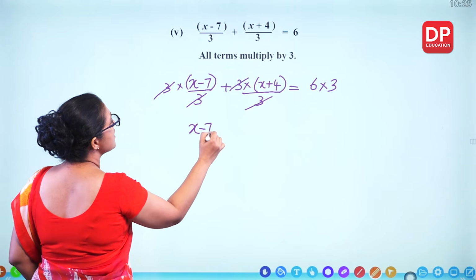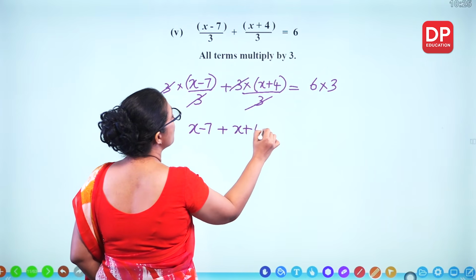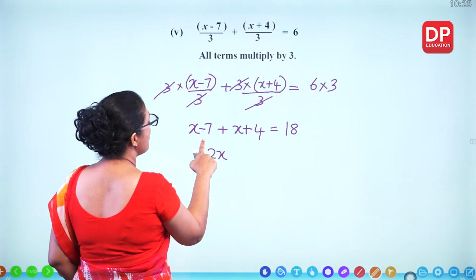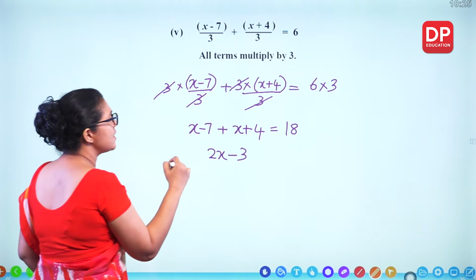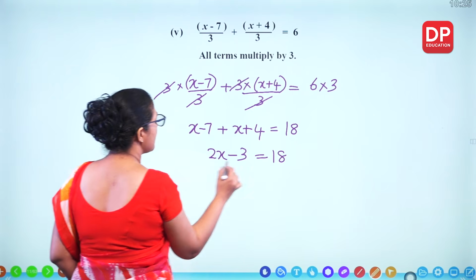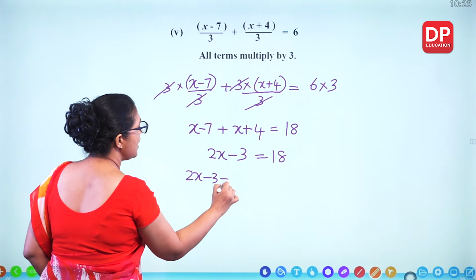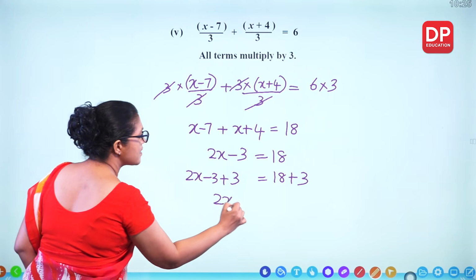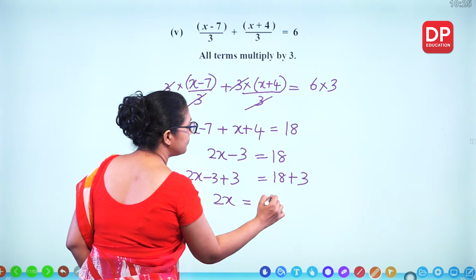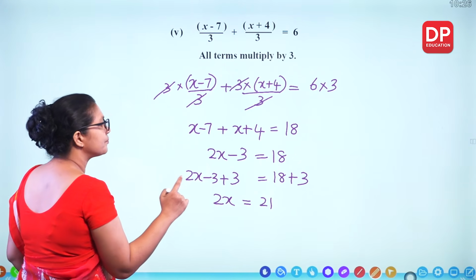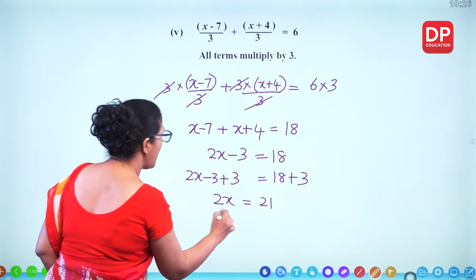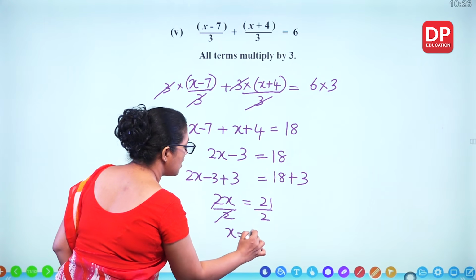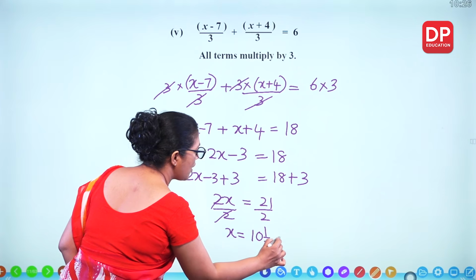So, you get x minus 7, x plus 4 equals 18. x and x becomes 2x, minus 7 plus 4 minus 3. Now, add 3 to both sides. So, you get 2x equals 18 plus 3, 21. Divide this by 2. You get x equals 10.5.